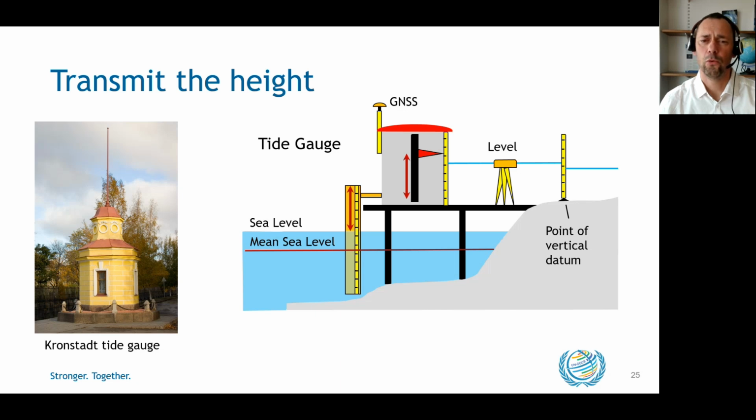From this vertical movement, a mean sea level can be calculated. At some time, the value for the mean sea level is fixed and marked as zero height. This value is then transmitted via leveling to the vertical datum points distributed across the land.